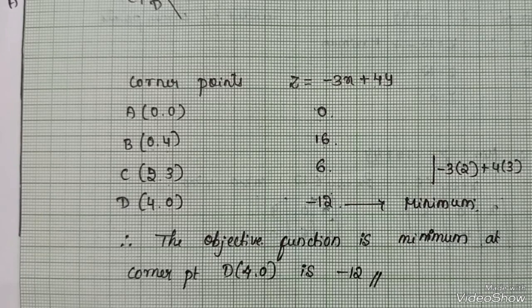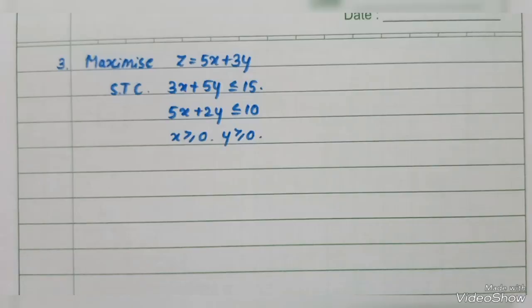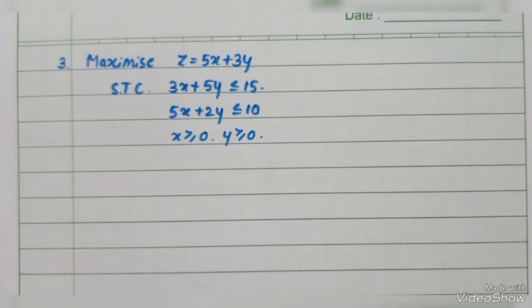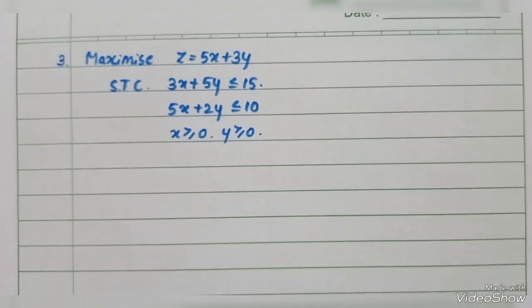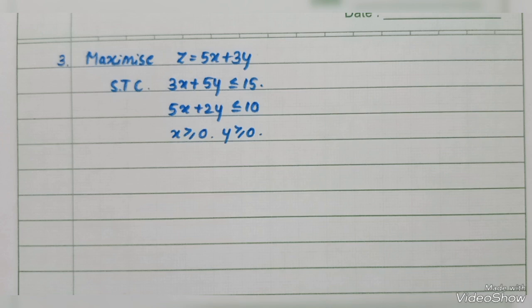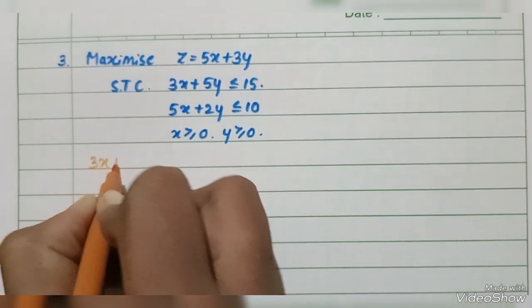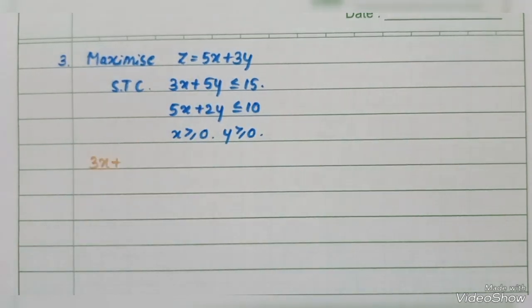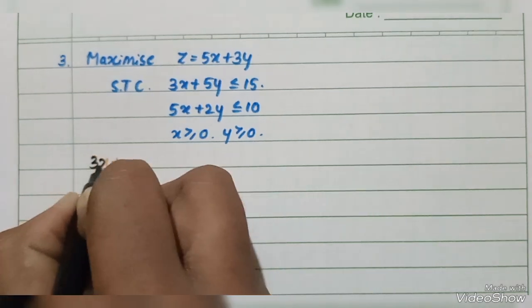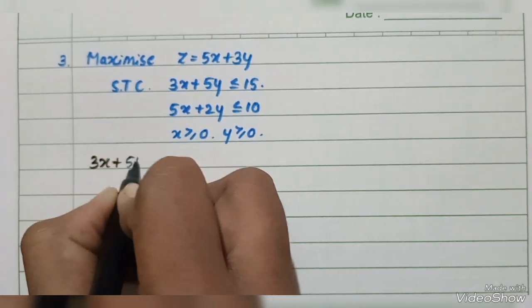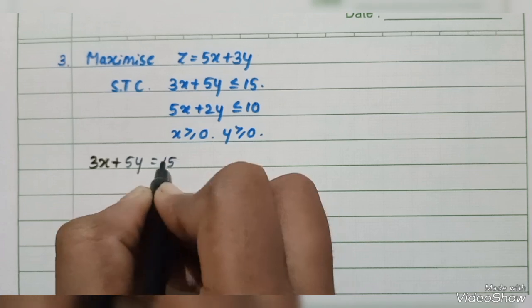Next question I consider. Here there is question number 3 in the exercise problem. I have taken the problem already on graph paper, so I have to solve it now. First I consider the equation 3x plus 5y equals 15.